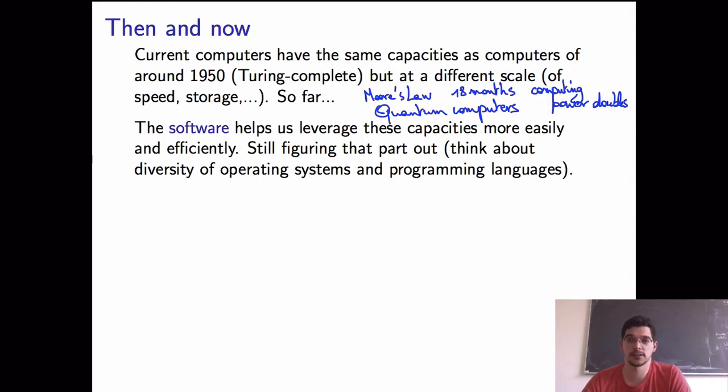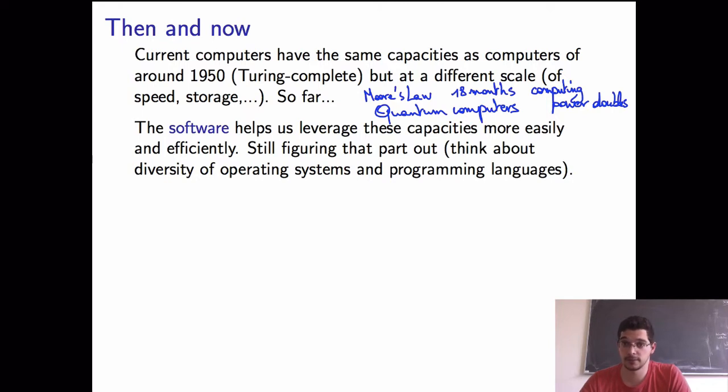Now, one area where there was a lot of change was the software. So the software is, if you want, the next layer, and it helps leverage the capacities that are present in the hardware and helps it leverage more easily and efficiently. Now, if you think of the internet, for instance, of course, the backbone network has to exist, but the internet is really an evolution of software, new possibilities brought because computers can start talking to each other.